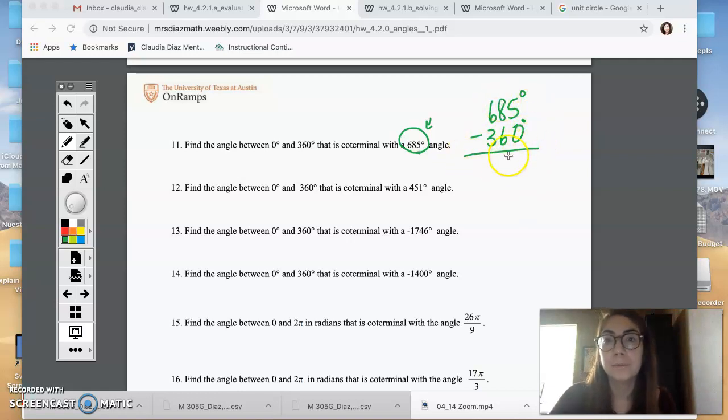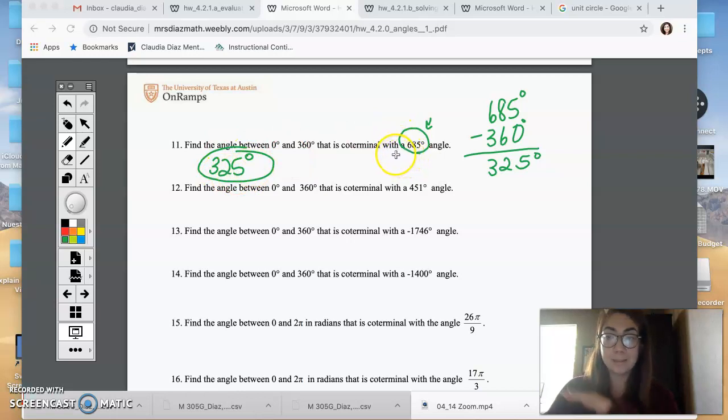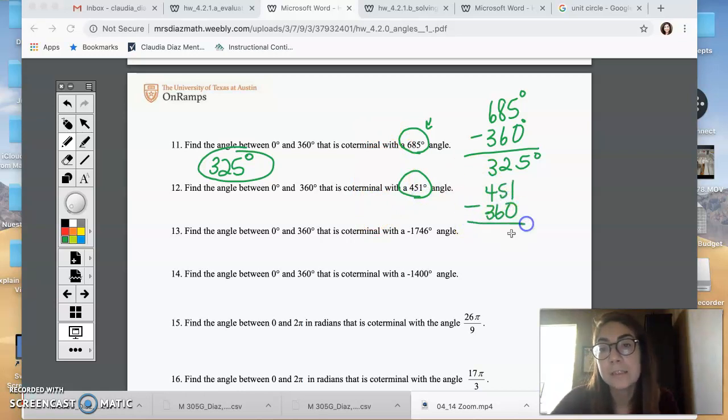So subtract a full circle. That's going to give us 325 degrees. So 325 degrees is between 0 and 360, and that means it's coterminal to 685 because it's going to land in the same spot.